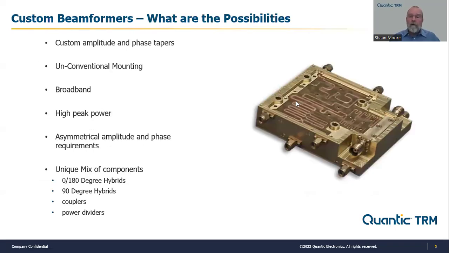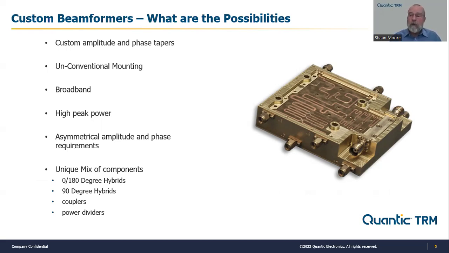Sure. At a real high level, what I just talked about is more the system-level stuff that dictates where we start on the map. As for solutions, for example, we can build custom amplitude and phase tapers for some of these beamformers.